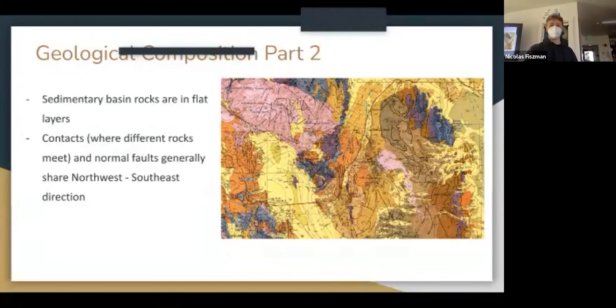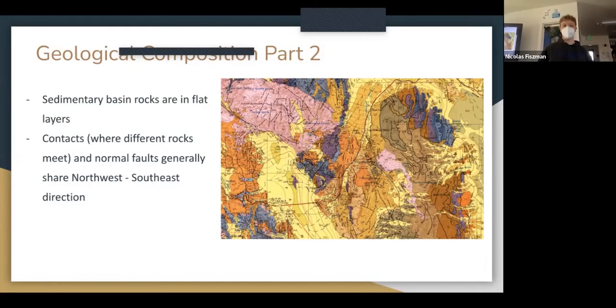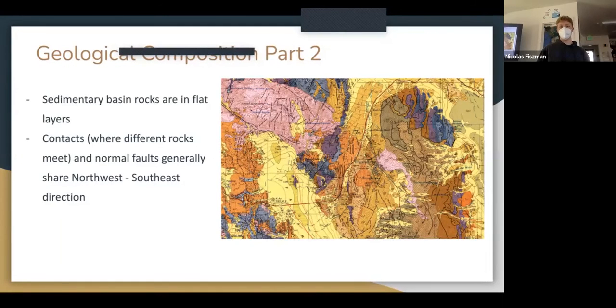So in the basins, the rock is flat and layered because it's made of sediments from mountains being deposited by water erosion.